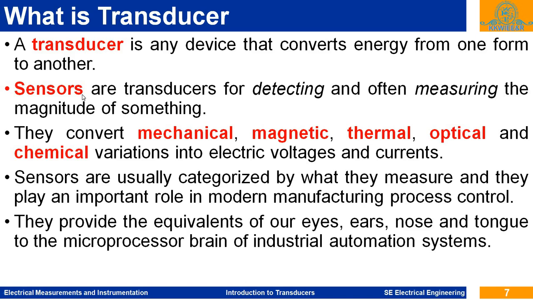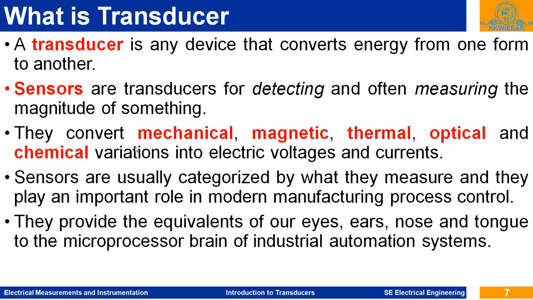So sensors are transducers, but transducers are not sensors. A transducer will not sense the physical quantity. Sensors are transducers, meaning they will sense, and they will convert the output of the sensor into electrical parameters.